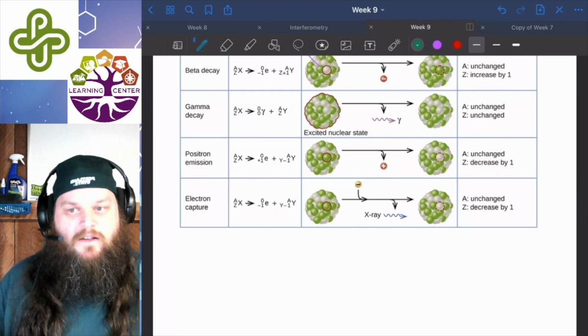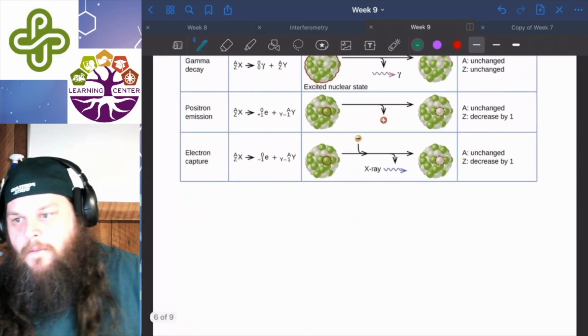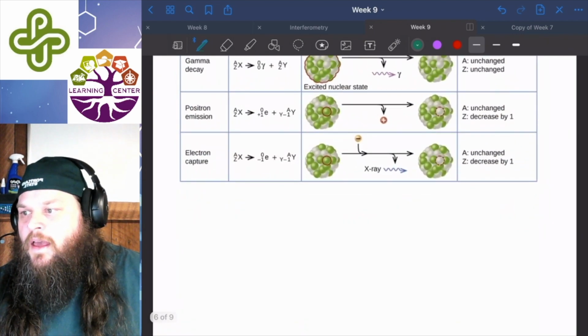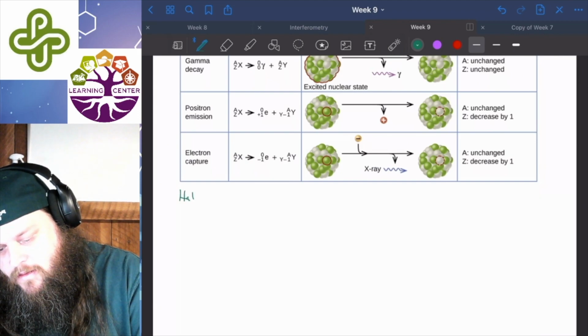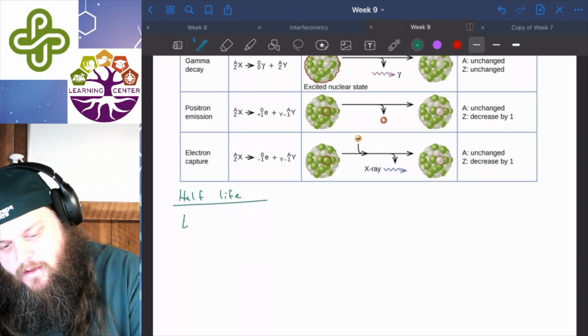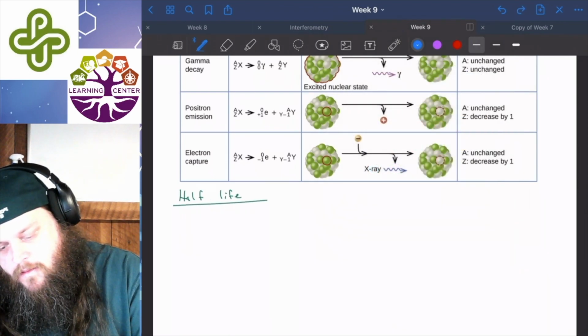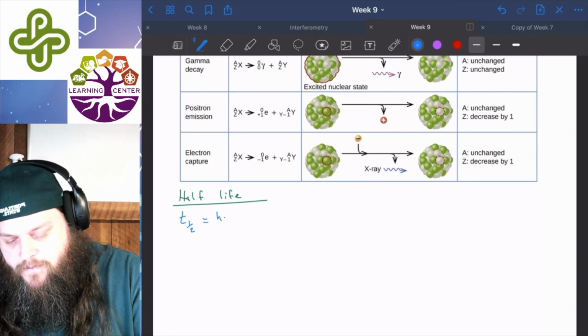So half of its concentration, or half of the amount, is gone. And we define that. Let me just write half-life. T at 1/2 is equal to the half-life.